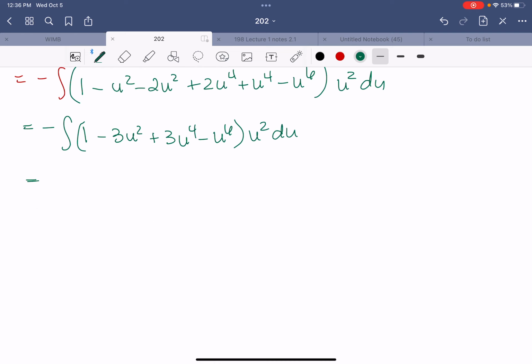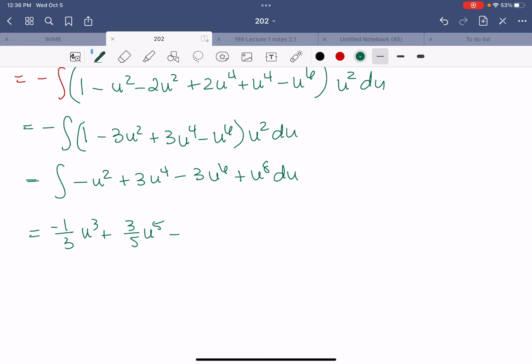Now I can distribute a negative u squared. So that becomes the integral of negative u squared plus 3u to the 4th minus 3u to the 6th plus u to the 8th du. Now we're ready to take the antiderivative. Negative 1/3 u cubed plus 3/5 u to the 5th minus 3/7 u to the 7th plus 1/9 u to the 9th plus a constant.